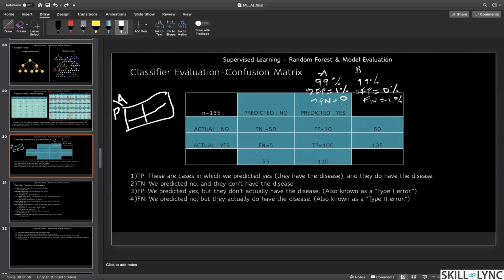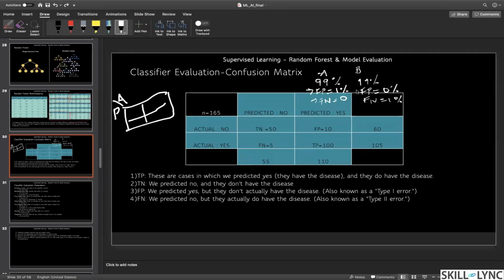Let's compare apple to apple first. A is better because you have to think in terms of being a patient here. We have predicted a person has a disease, but he does not have a disease, that is false positive. If it is a false positive, then what will he do? He will go and do the checkup, right? But in false negative, we have predicted no, but they actually have the disease.